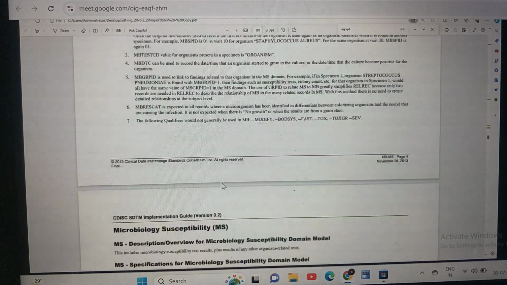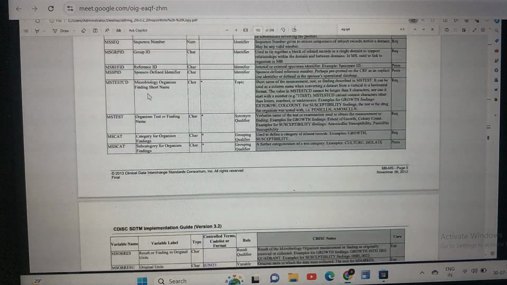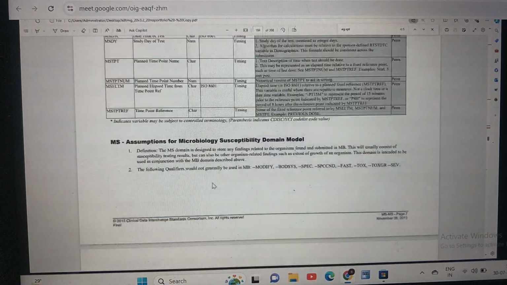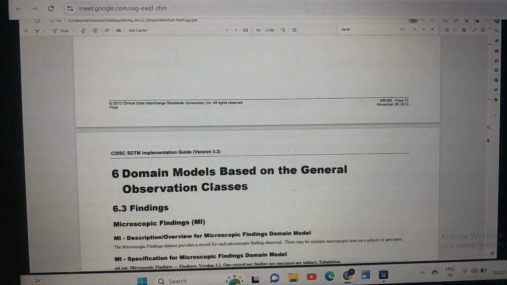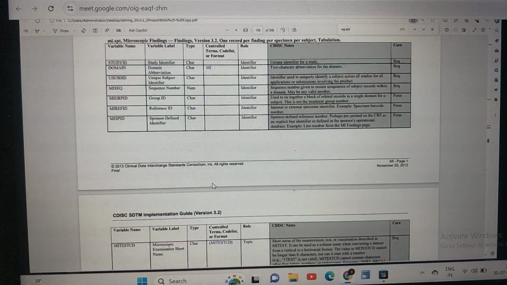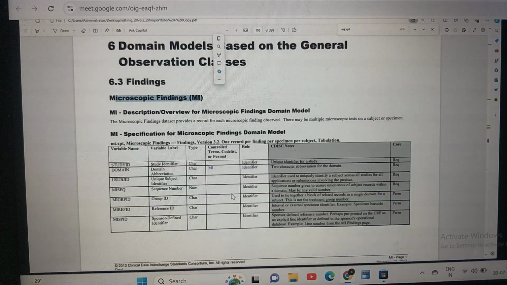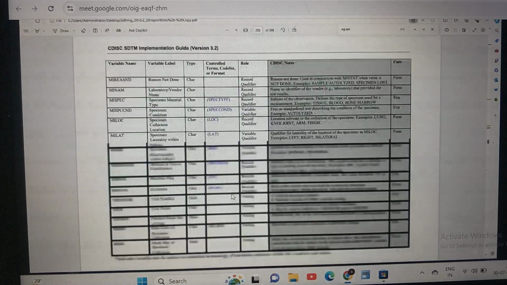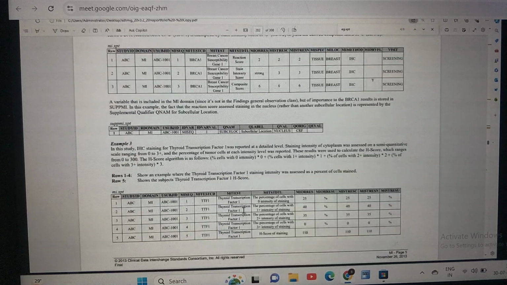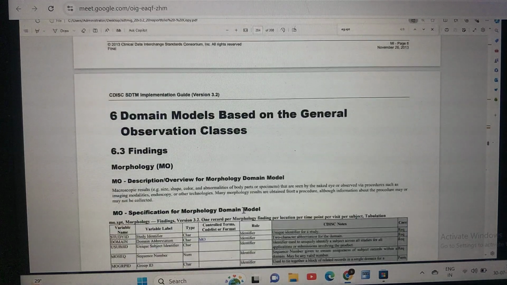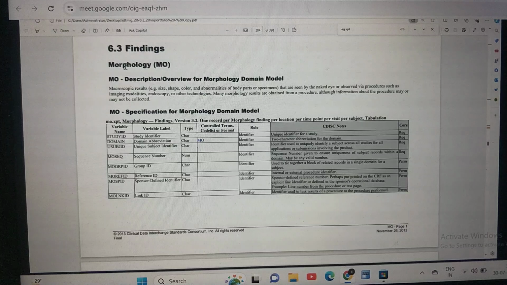MS also will be really the same. MI, microscopic findings. Now you can read the whole SDTMIG, you know the basics, and you can easily understand. So these are the morphology findings.